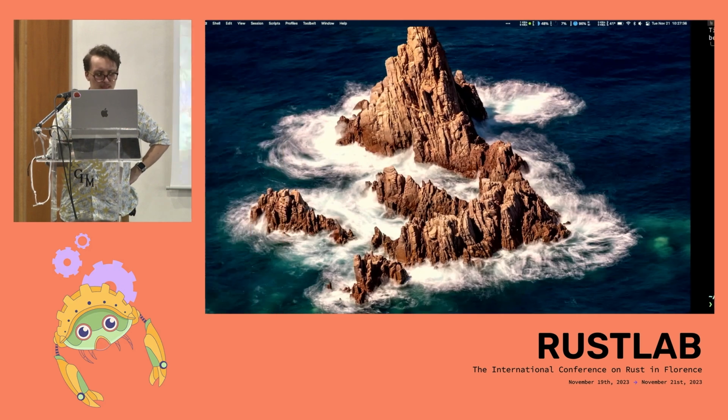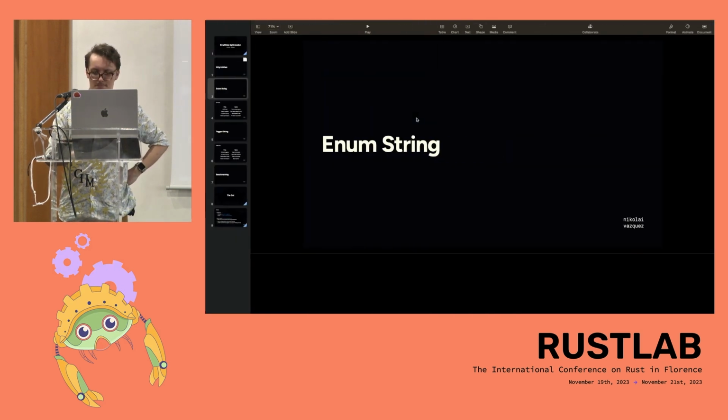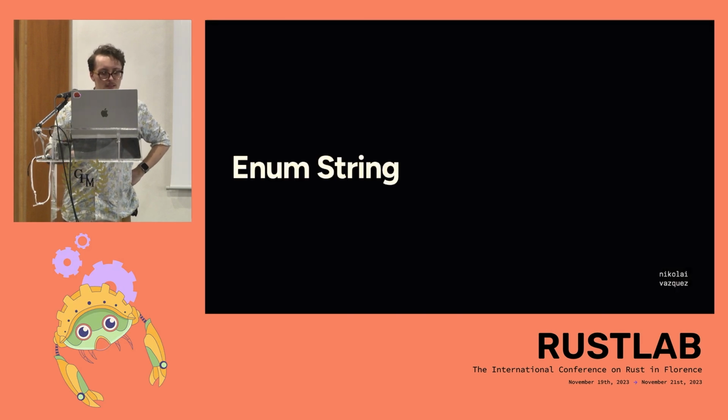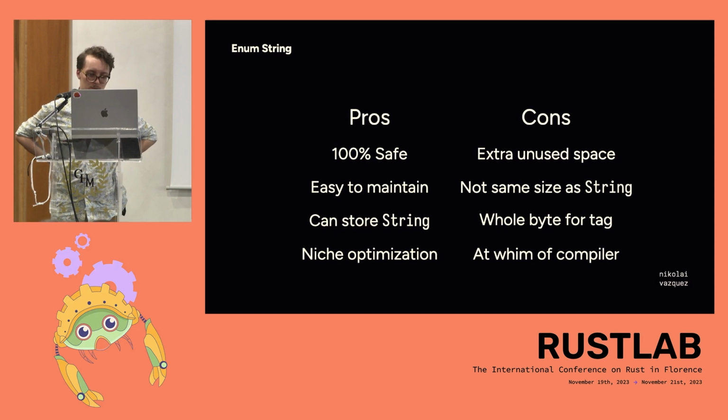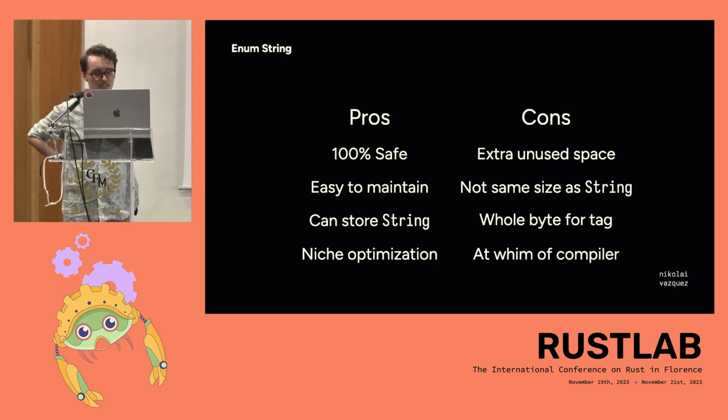So anyway, in conclusion, the enum string has a lot of nice properties, but at the same time, we could do better, and we've seen what better can look like.